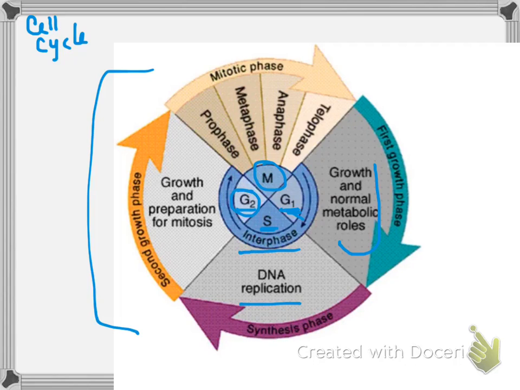And what happens here is that the centrioles are going to be duplicating. The centrioles are an organelle that are responsible for producing the mitotic spindle fibers that will be pulling apart the chromosomes and pulling them to polar opposite sides of what's going to become the two new daughter cells.